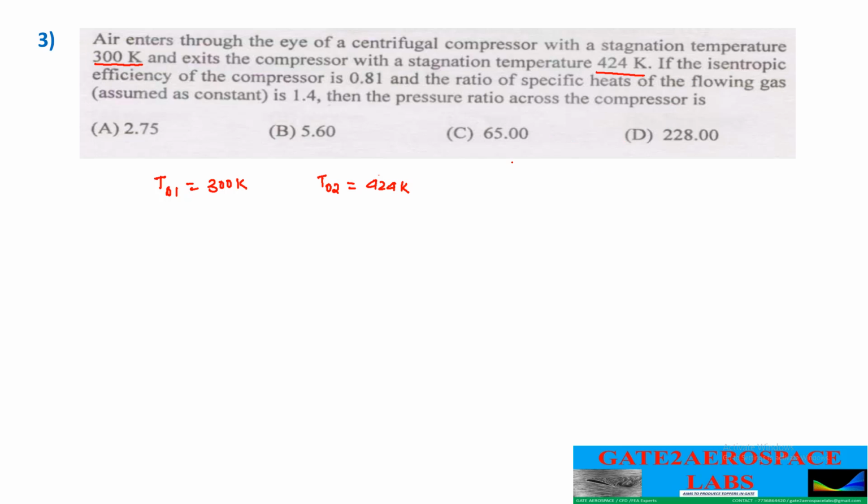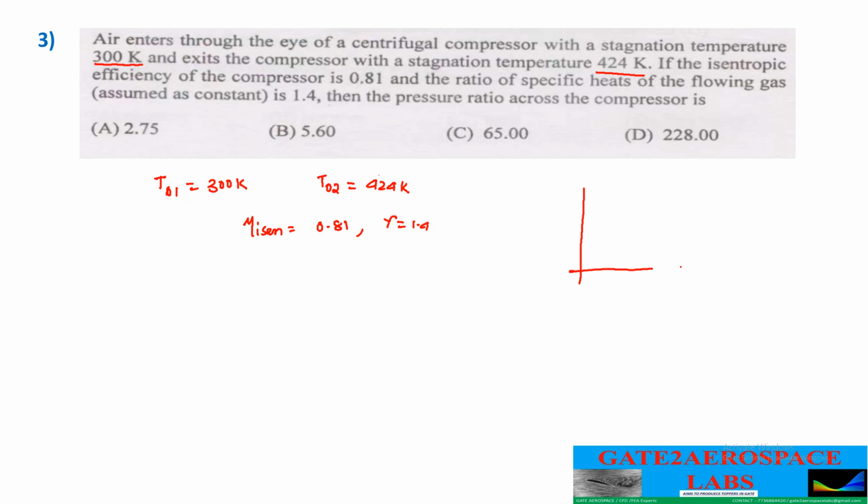The isentropic efficiency is given as 0.81, and the value of gamma is given, that is 1.4. Then we have to find out the pressure ratio across the compressor.